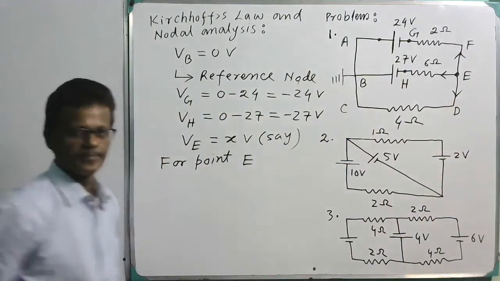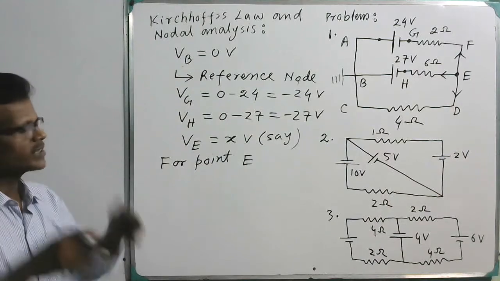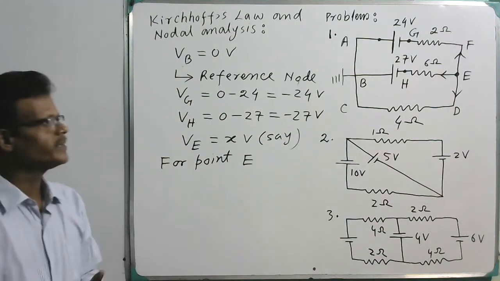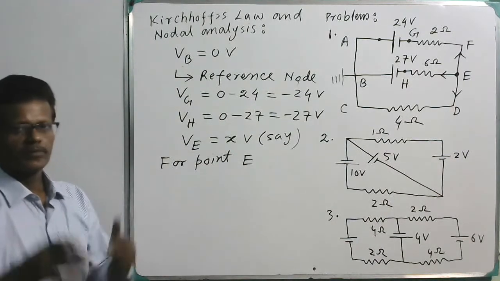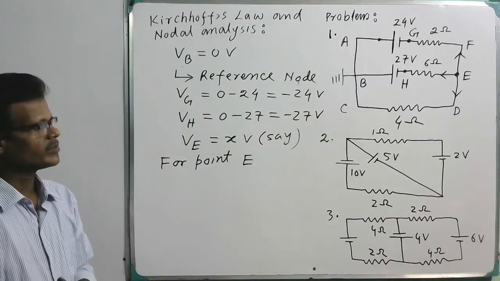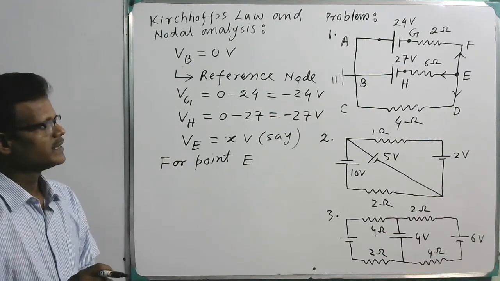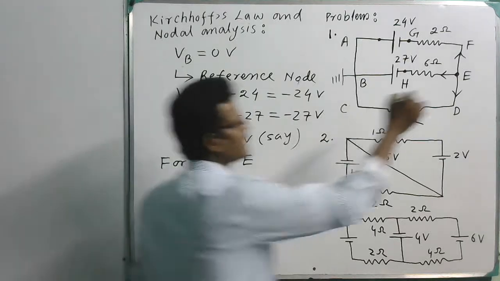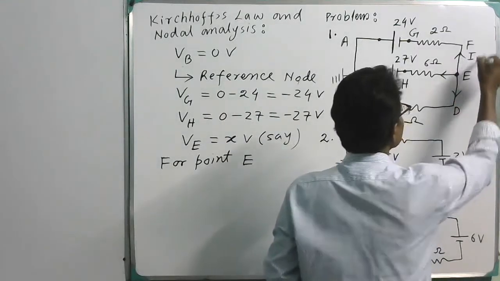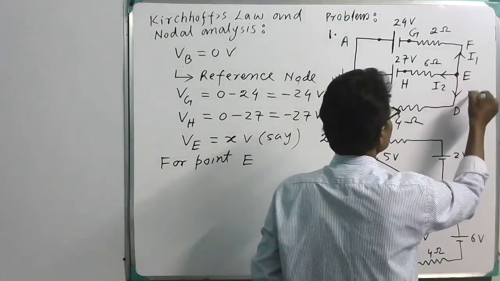You may consider all currents are coming out from this point. There is no problem. You need not think about which current is entering and which current is leaving, as that is a time-consuming process. Suppose all currents are leaving that point. So this current is I1, this current is I2, this current is I3.